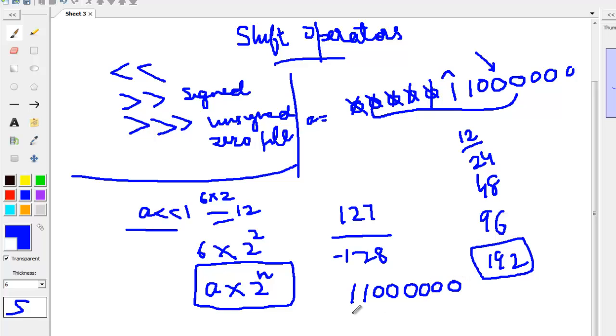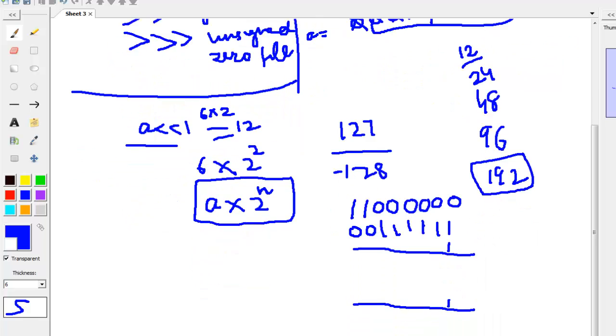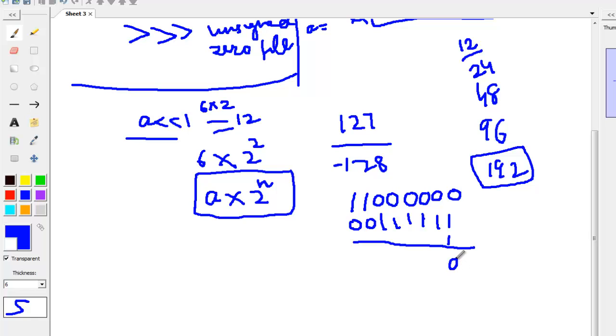We need to calculate the ones complement. 0, 0, 1, 1, 1, 1, 1 and 1, and I need to add another 1 to the number, and I have 1, 1, 10, 1 carry, 1, 1, 10, another carry, and so on until the final 1, 1, 10.